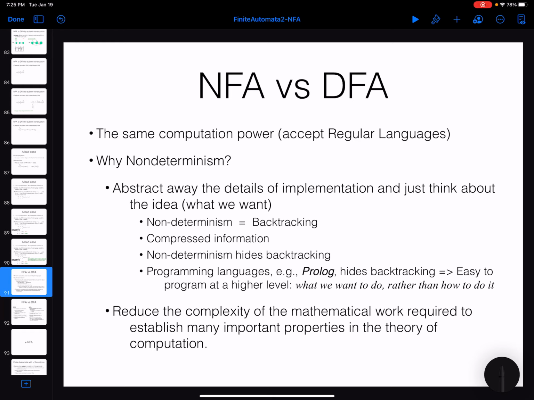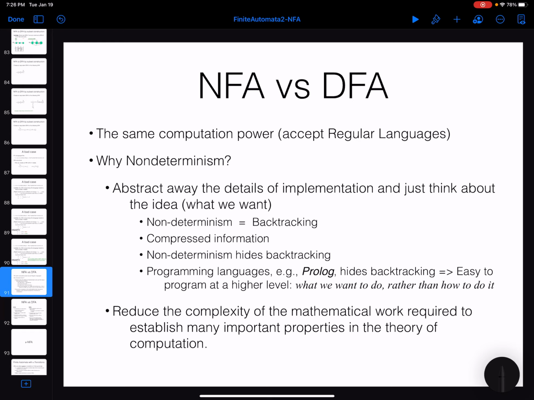And so someone might ask why we care about non-deterministic finite automata. The reason is that, as you have already seen, designing non-deterministic finite automata is easier than deterministic ones. When we are designing the NFA, we just care about what we want.